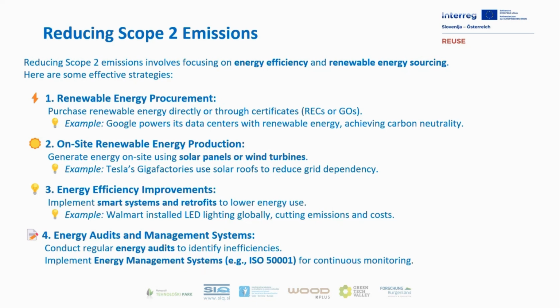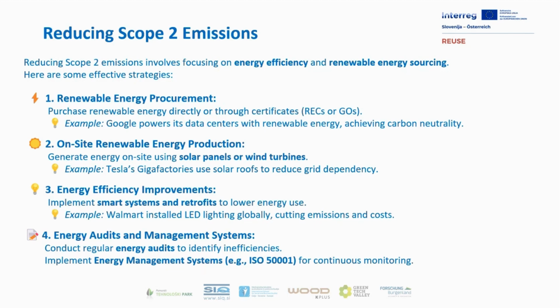On-site renewable energy generation, another effective method, is generating renewable energy on-site using solar panels or wind turbines. Gigafactories, for example, utilize solar roofs to power their production processes and reduce grid dependence. And then energy efficiency.